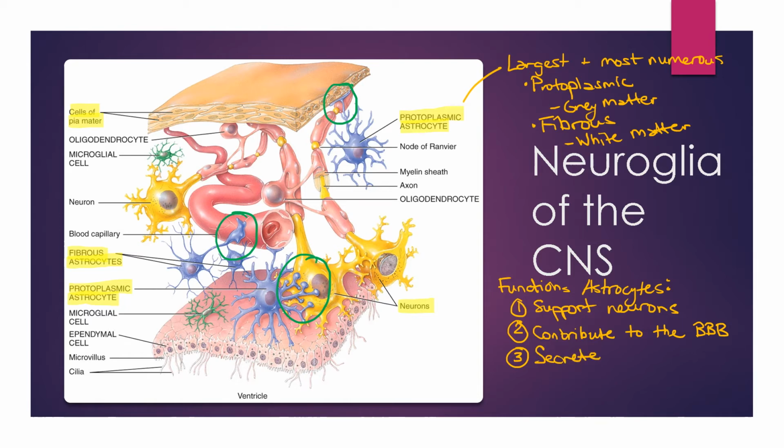So they secrete chemicals to help development of the nervous system itself, helping those connections of neurons in the brain. Our fourth function is that they help to maintain the chemical environment, and this is really important for the generation of nerve impulses along the axons of neurons.